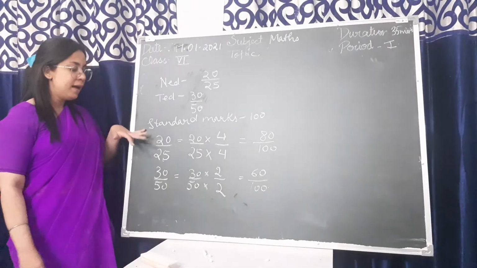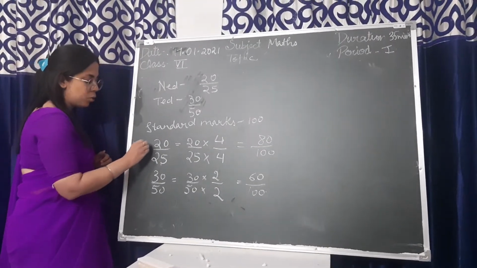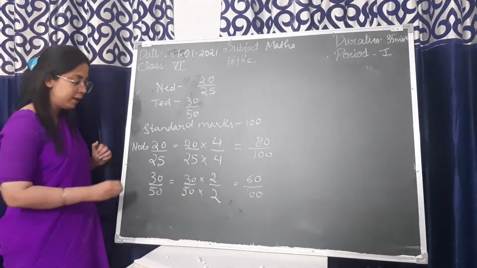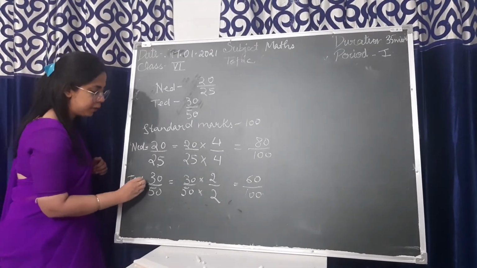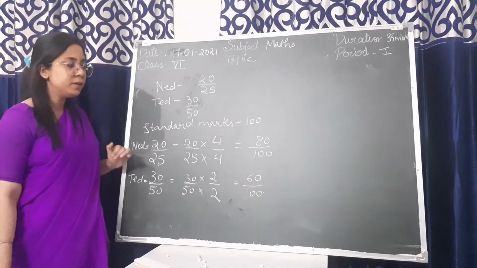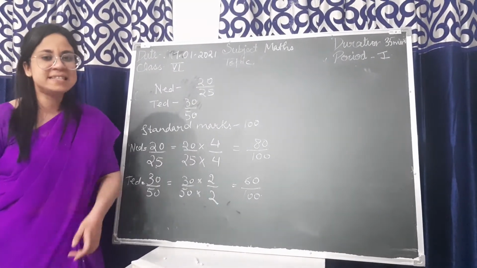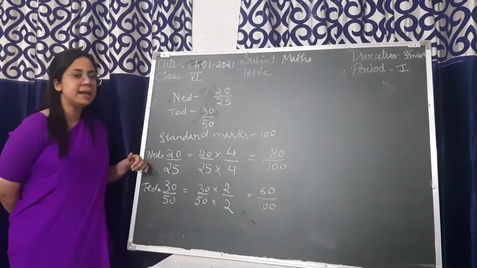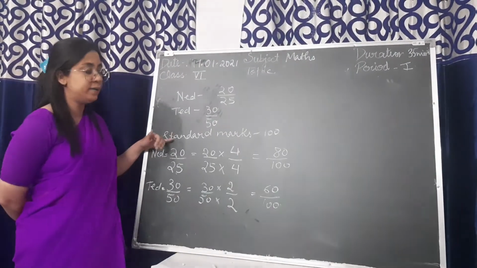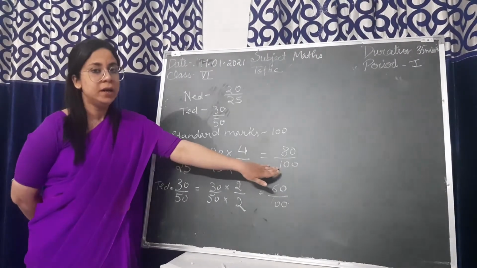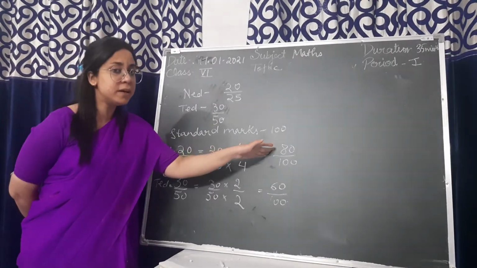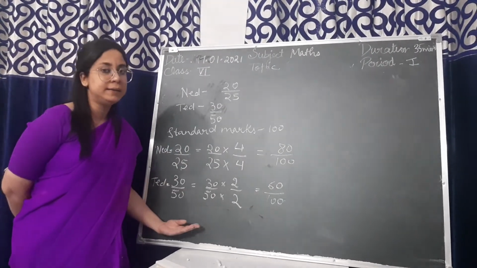Okay, ma'am. Now this was Ned's score out of 100 and this was Ted's score out of 100. Now can you tell who performed better? Ned. Yes, very good. So by standardizing our marks to 100, we can realize that it's Ned who performed better than Ted.